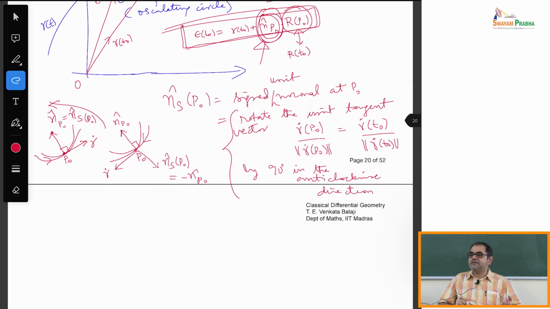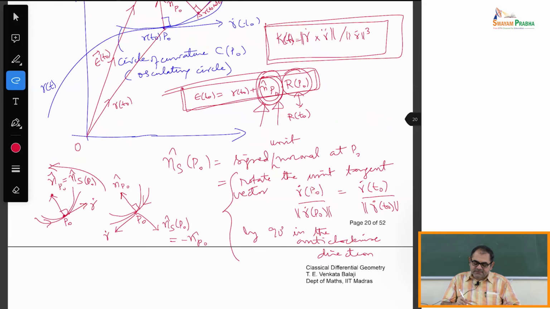So the problem is that when you define the signed unit normal, it may go opposite to the geometric normal. So if you want to replace the geometric unit normal by the signed unit normal, a sign will come in, and that sign has to be adjusted. How do you adjust the sign? You could put a minus sign on the radius of curvature, but that's nonsense, because the radius of curvature is supposed to be always positive.